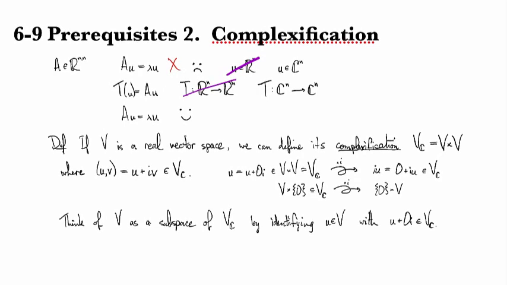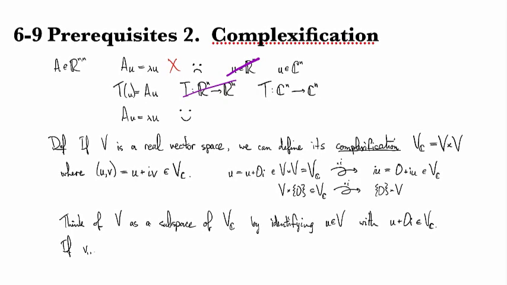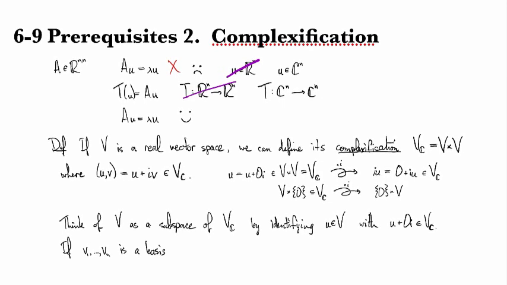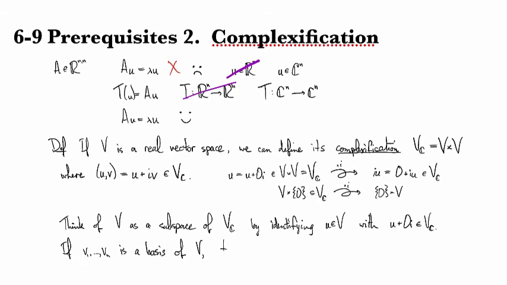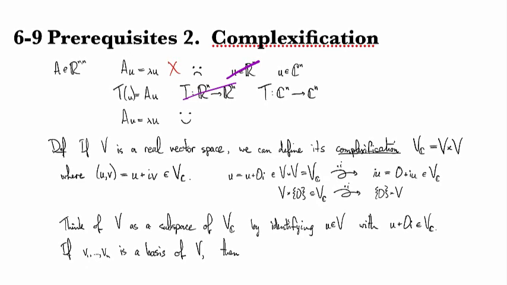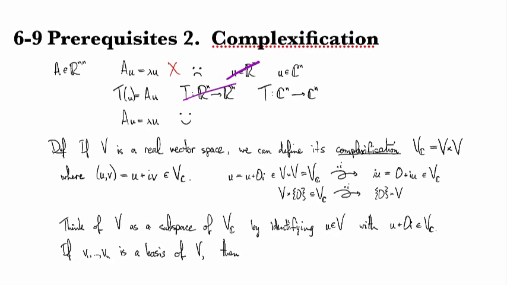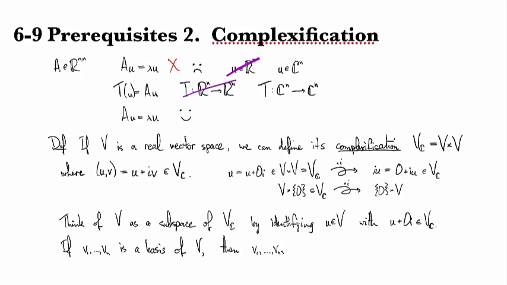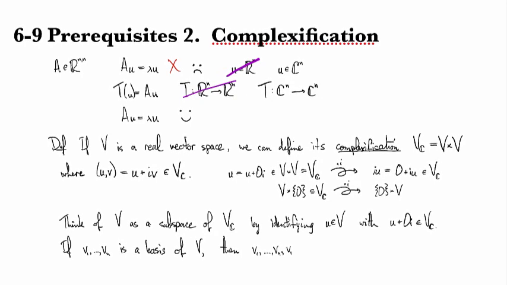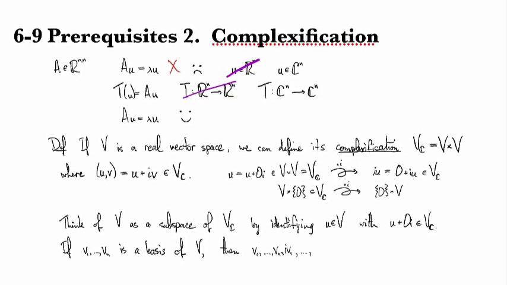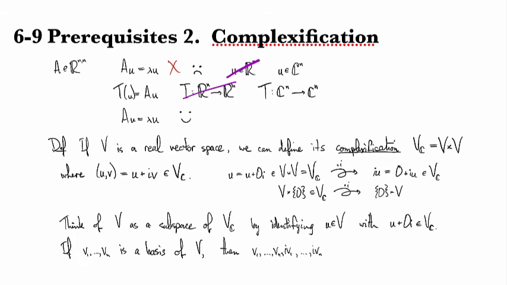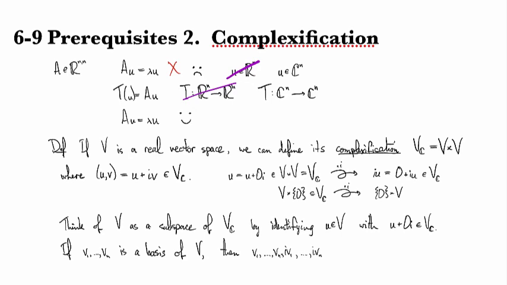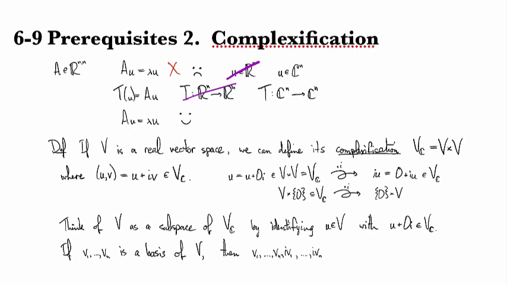Okay, and so now, for example, if v_1 through v_n is a basis of V, how do we get a basis of V_C? Well, your first thought might be to say, okay, let's take these and then let's take them multiplied by i, so we have stuff that goes in the second slot, right? And then you realize, oh wait, that's actually just a scalar multiple of the things we already had in our basis, so we don't need those.